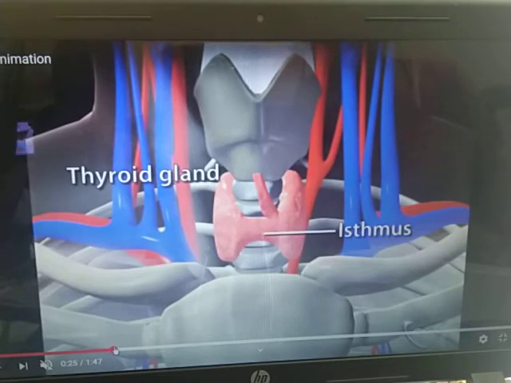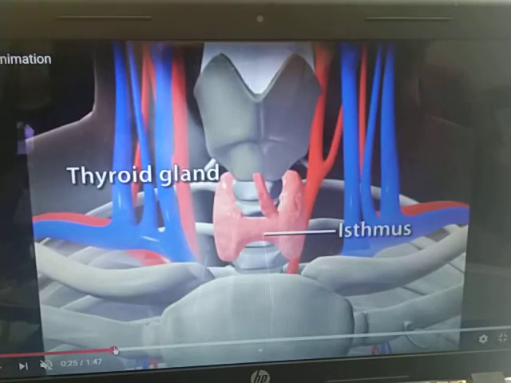Next we have myxedema, or Gull's disease. It is caused by deficiency of thyroid hormone in adults. This disease is characterized by a puffy appearance due to accumulation of fat in the subcutaneous tissue because of a low metabolic rate. The metabolic rate becomes low due to the lesser secretion of thyroid hormone.